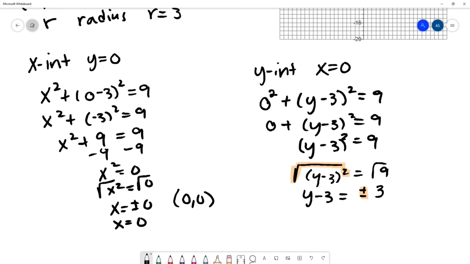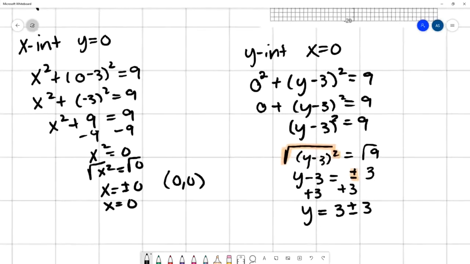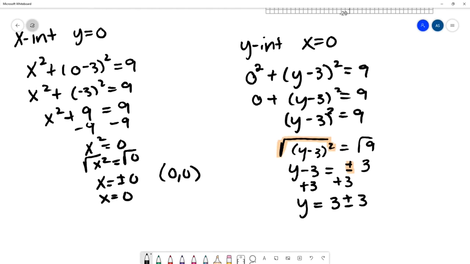The square root of 9 is 3. We want to get y by itself, so I'll add 3 to both sides. I have y equals 3 plus and minus 3. So we've got our two answers. 3 plus 3 is 6, and 3 minus 3 is 0.